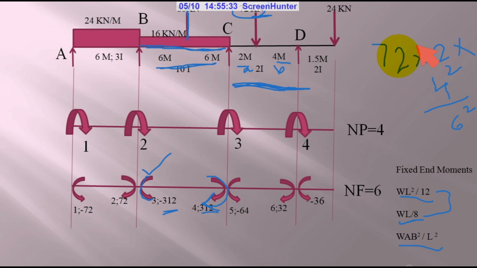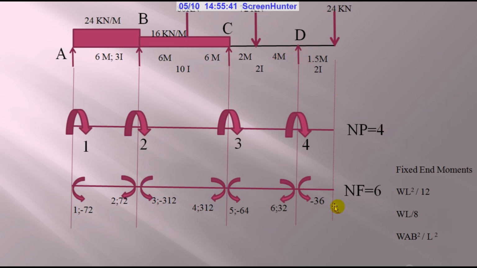So when you will calculate this, you will get minus 64. For this end, you have to calculate, that is fixed end moment number 6. For this end, you have to calculate like this: W, that is 72.